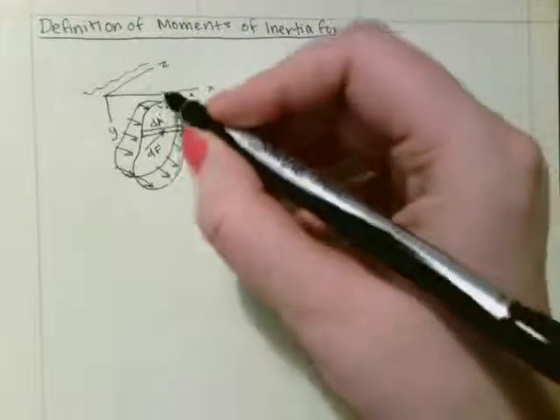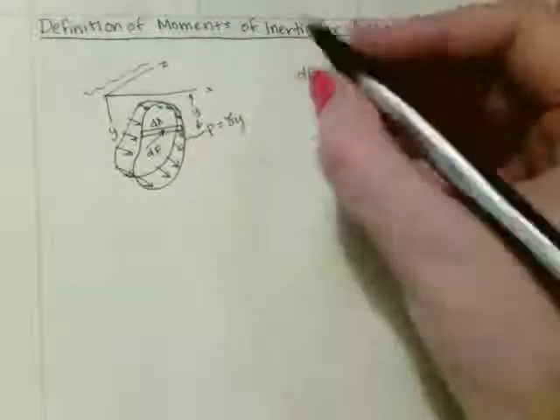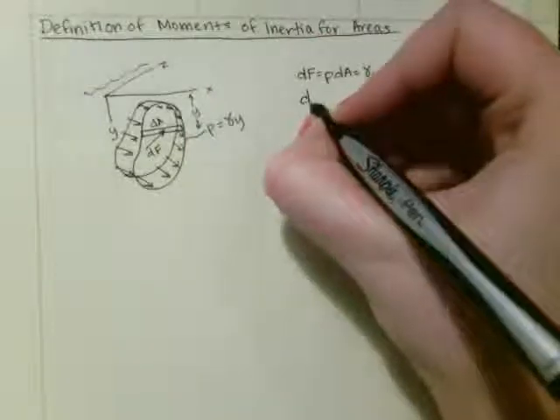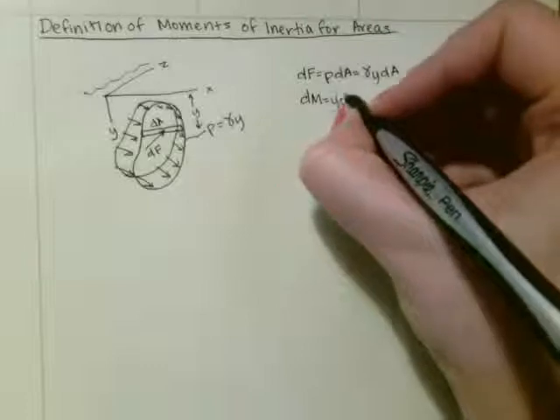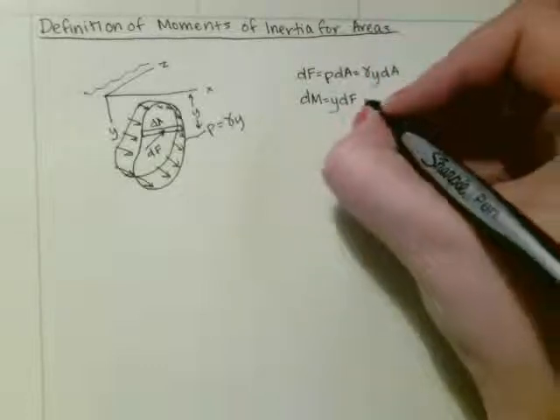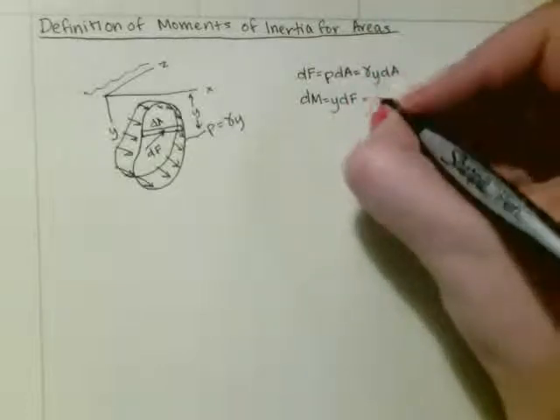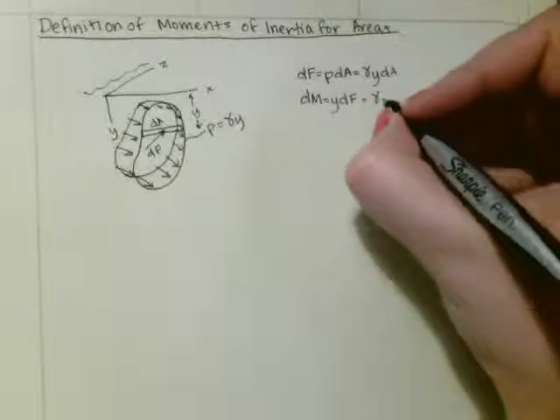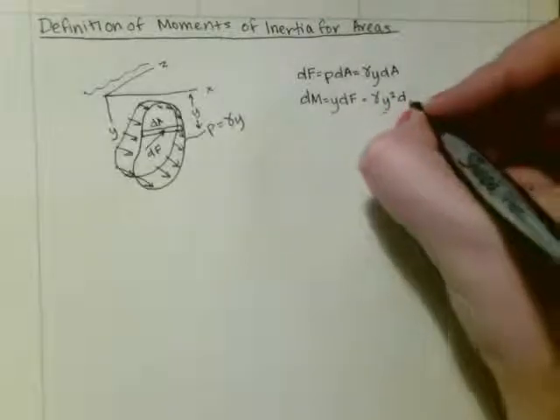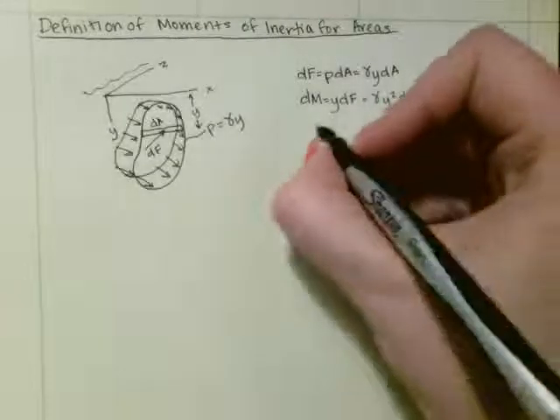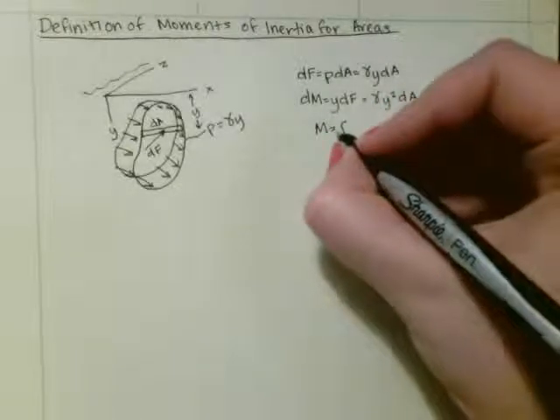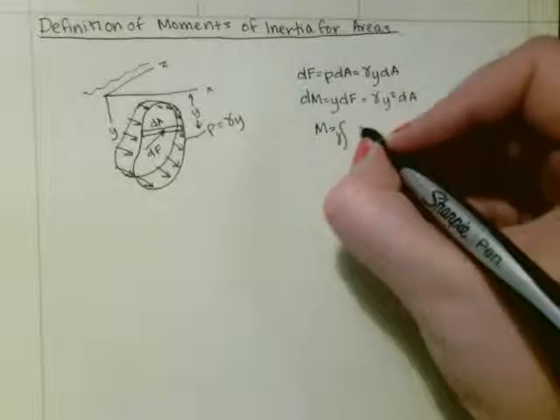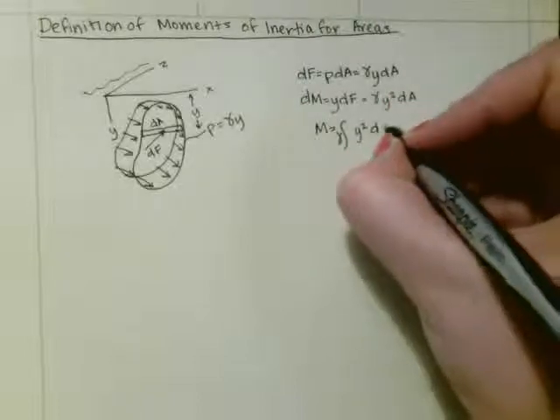And if we wanted to take the moment about the x-axis, then we would have the differential moment, y times dF, where dF is equal to the specific gravity times y squared dA, such that your moment is equal to the integral of your specific gravity times y squared dA.